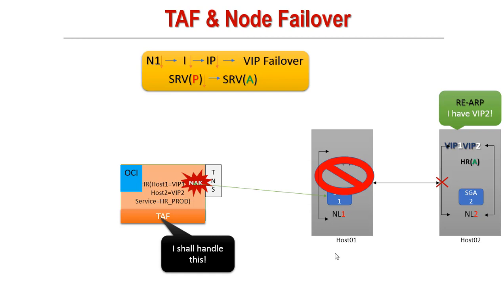Now how can you configure TAF on the client side? Well, you can configure TAF on the client side simply by putting all the TAF configurations in your client side tnsnames.ora. If you want to configure it on the server side, which is a better thing to do, then you can do it with the servicectl command.